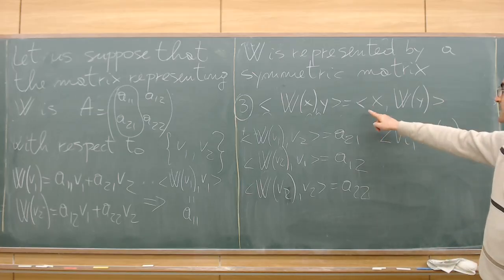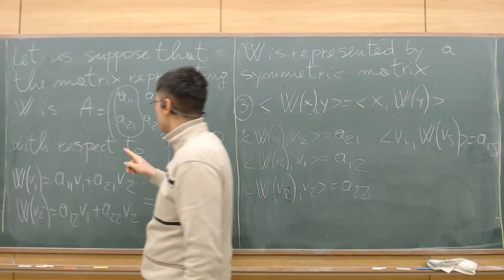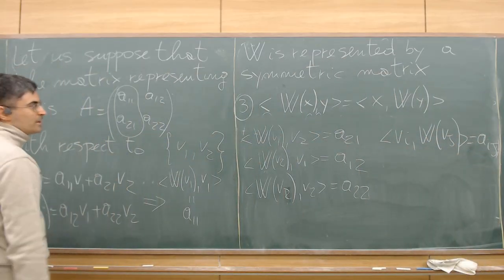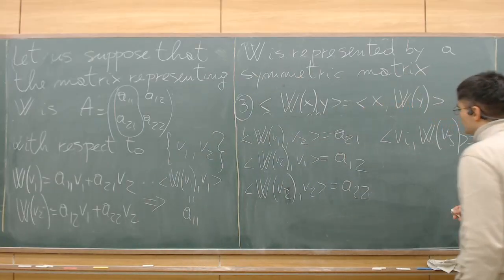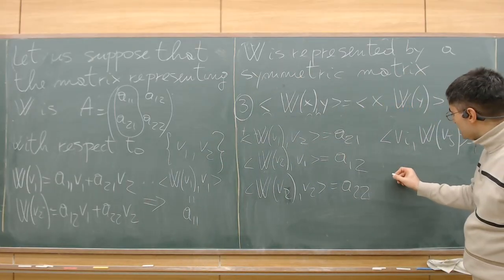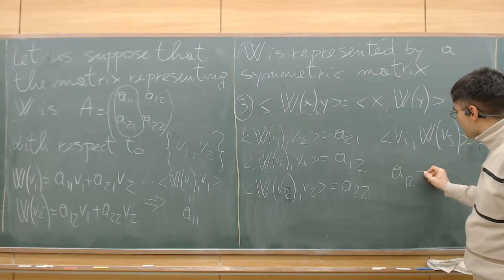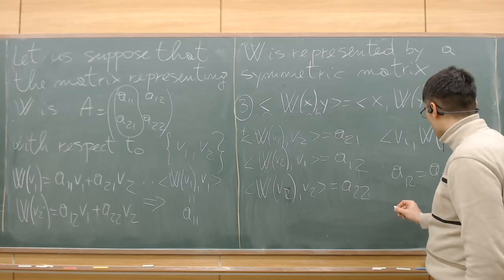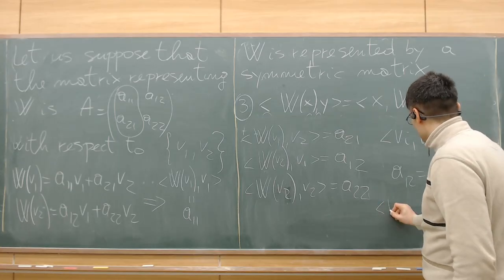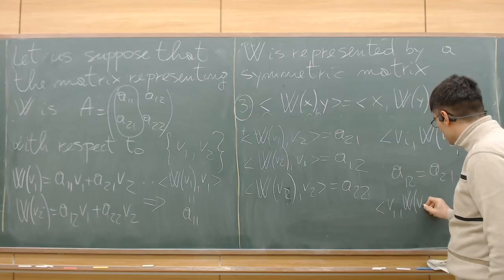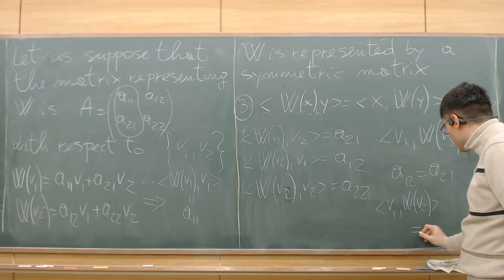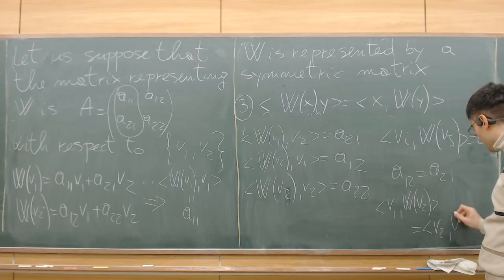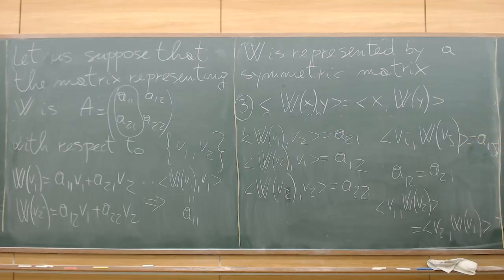Now, if you want to prove that this matrix here is symmetric, you have to prove only that A12 is equal to A21. But this is equivalent to proving that V1 W V2 coincides with V2 W V1. But this follows from this formula.